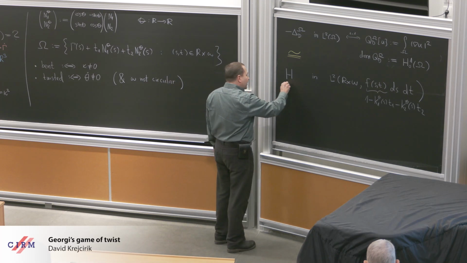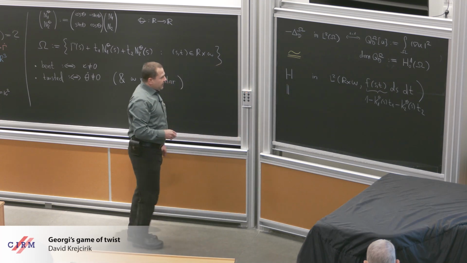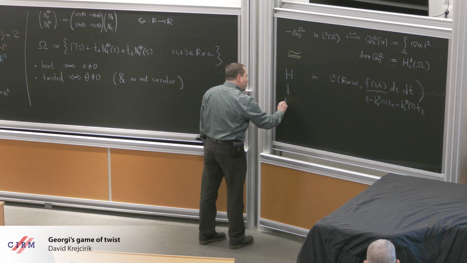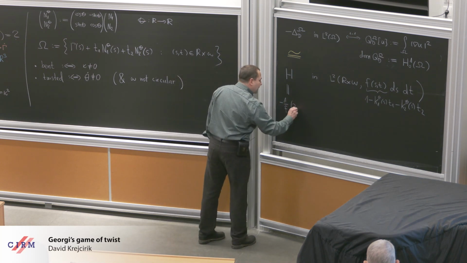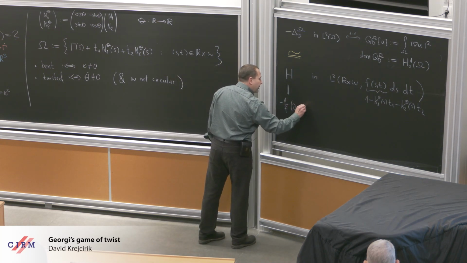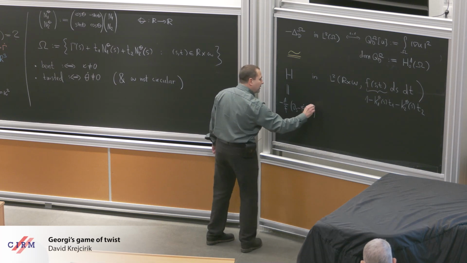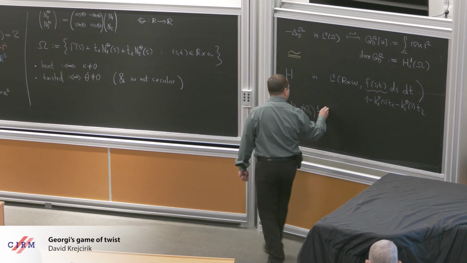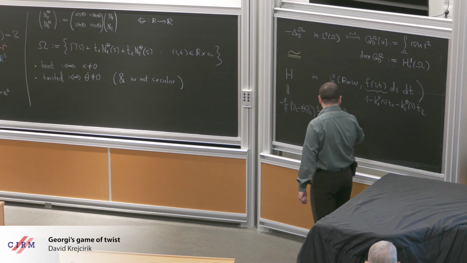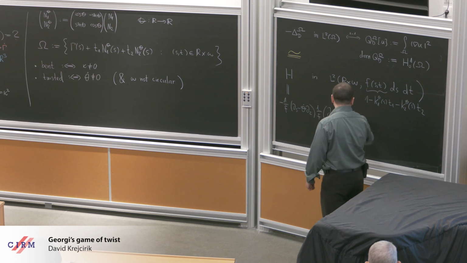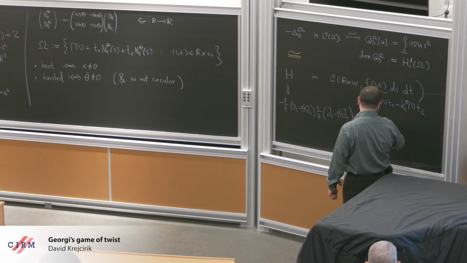And the operator acts as follows: −(1/f)(∂s − θ̇ ∂τ)(1/f)(∂s − θ̇ ∂τ), the same operator, minus (1/f)∇t · f∇t.